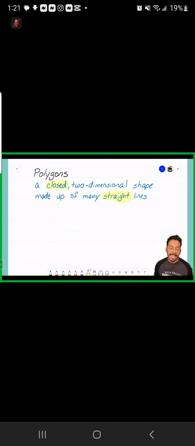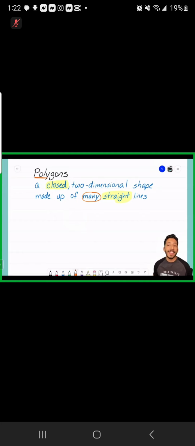One of the key parts about a polygon is that it is made up of straight lines. We're not talking about circles or ovals here. For a polygon to be a polygon, it has to be made of straight lines, not curved. Now, the other big word that's hiding in there is the word many. Many is coming from the prefix of the word polygon, which is poly.